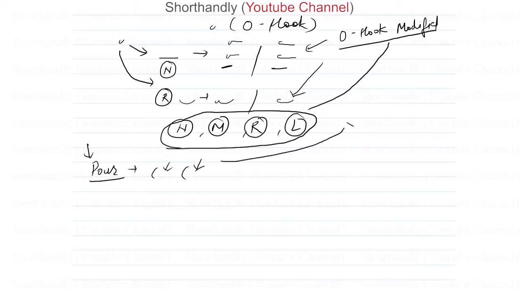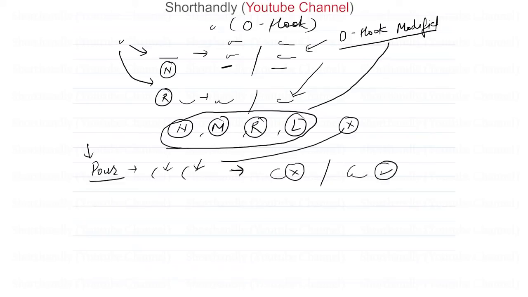We cannot make the word pour like this, this is a wrong way. We have to make it like we usually make the O hook, like this. Alright, so this is the right way.